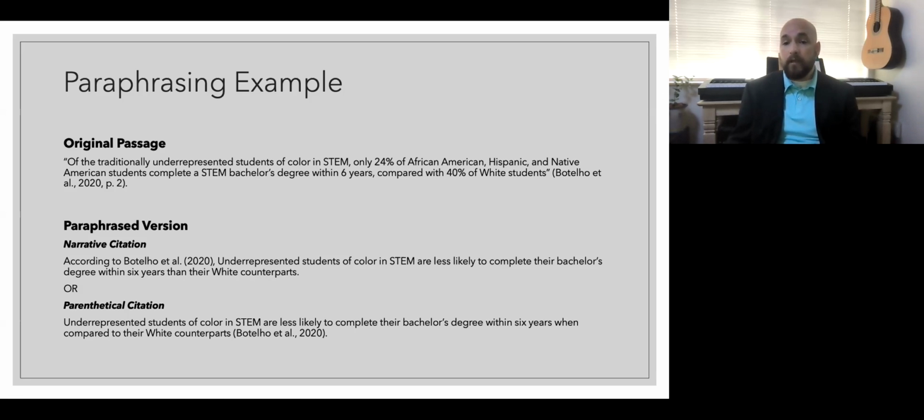And then you can also write a parenthetical citation by writing underrepresented students of color in STEM are less likely to complete their bachelor's degree within 6 years when compared to the white counterparts. Again, these are just some examples, and there are other ways of writing these sentences.